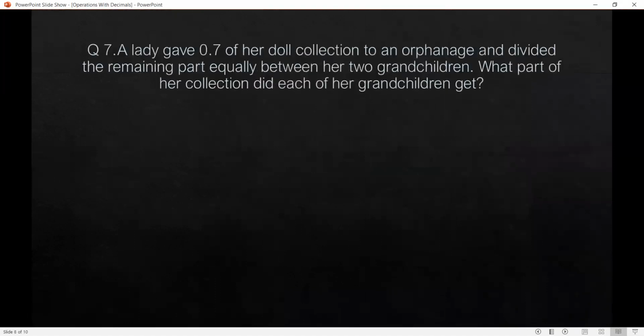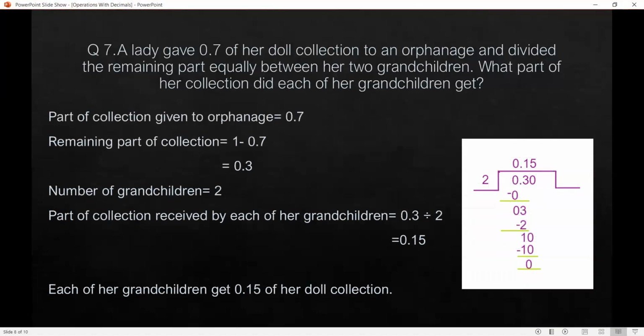The next question, that is question number 7. A lady gave 0.7 of her doll collection to an orphanage and divided the remaining part equally between her 2 grandchildren. What part of her collection did each of her grandchildren get? So what is given?